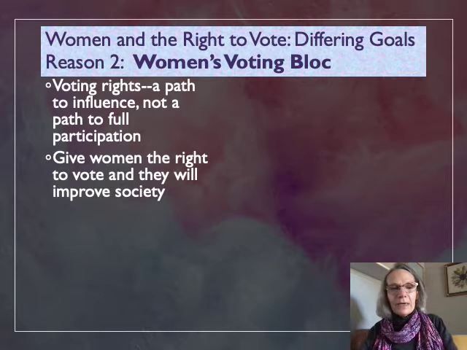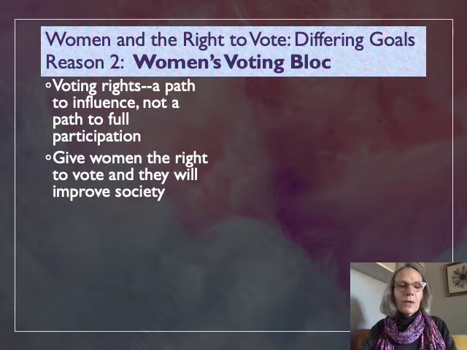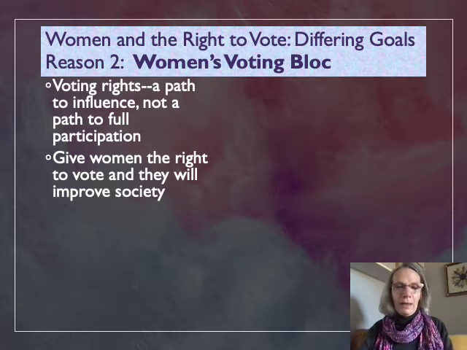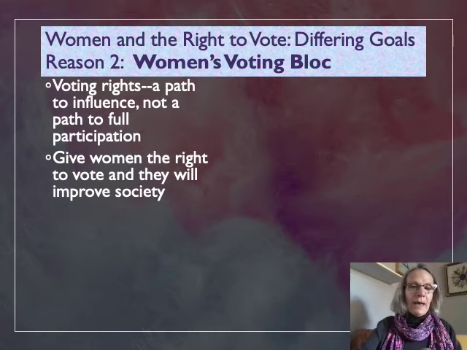Basically, the argument here is that giving women the right to vote means they will bring their sensibilities to policies. They will bring their special sensibilities to who gets elected to office, because women have this sort of special capacity that men don't have. And so if only men get to vote, right?